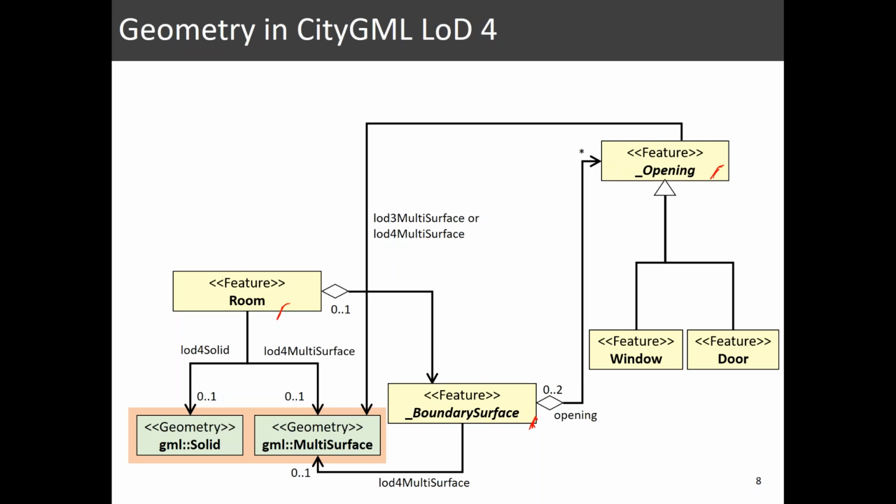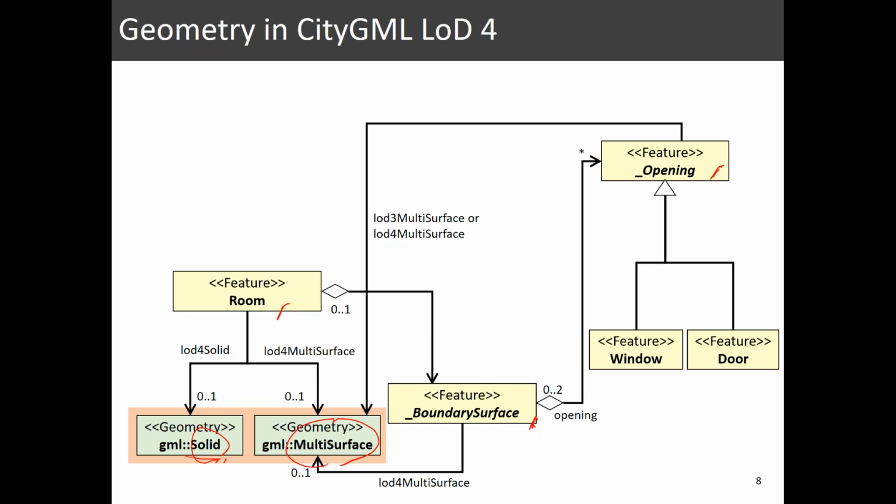These three feature types can have the geometry. So first, the room can be defined as a solid. Solid means a closed geometry. And multi-surface means a set of surfaces. So you can define the geometry of a room either by solid or a multi-surface. There are two different approaches.